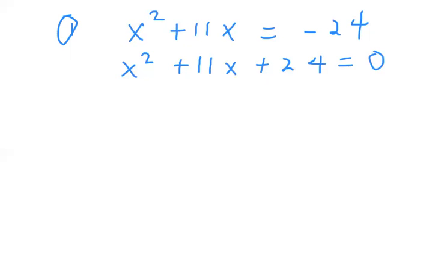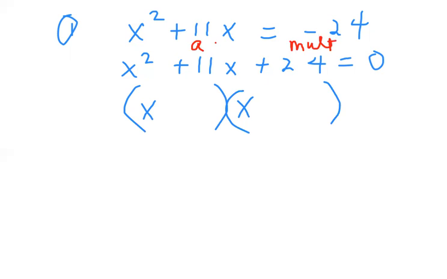Once you move it over to the left side, you're going to now factor. Split up x squared into x times x. What are 2 factors of 24 that add up to 11? Find 2 numbers that multiply to give you 24. Here, let me write this down for you guys. Multiply to give you 24, but add to give you 11. So those 2 values would be positive 8, positive 3.